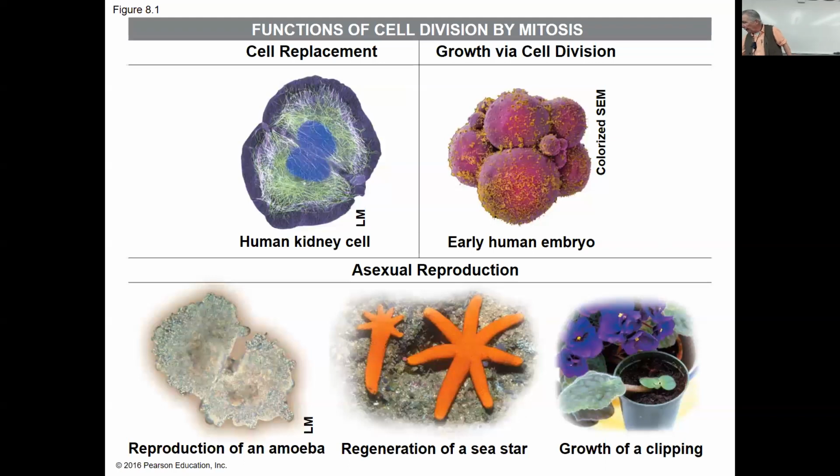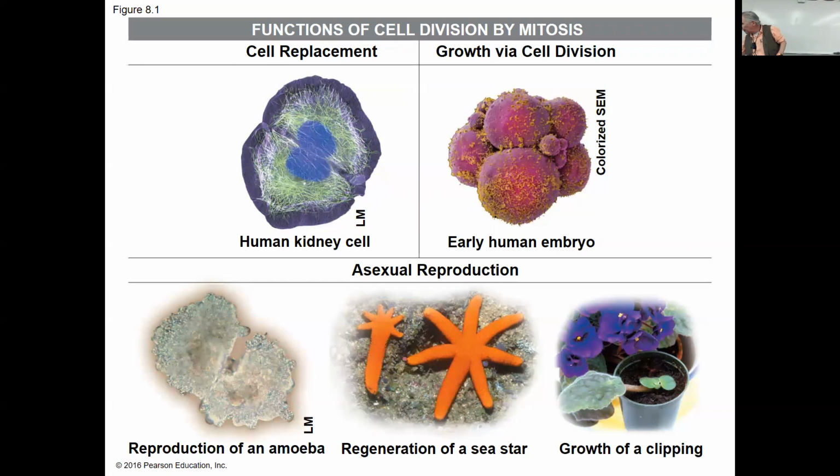Okay, so the amoeba right here divides in two by mitosis. That's asexual reproduction. Here, regeneration of a sea star. You cut off one of the arms of the sea star. That sea star regenerates that arm, but then the arm regenerates the rest of the sea star. So this is called fragmentation, and this is a form of asexual reproduction.